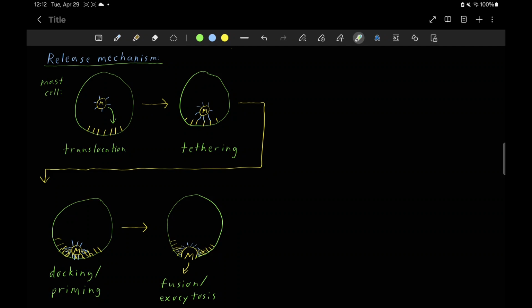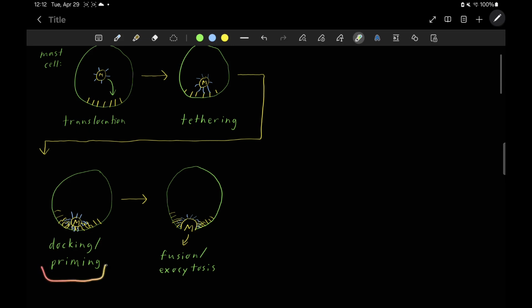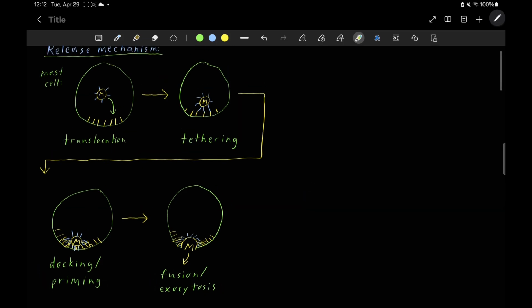So that brings us basically to the end of the video. I hope this made the release mechanisms of messenger molecules from mast cells and neurons a bit more clear. I hope you were able to understand these different 4 steps of translocation, tethering, docking, priming, and fusion exocytosis, and also understand that with neurons, sometimes it's a bit more unpredictable, and messenger molecules can travel backwards from the postsynaptic cell to the presynaptic cell via retrograde signaling.